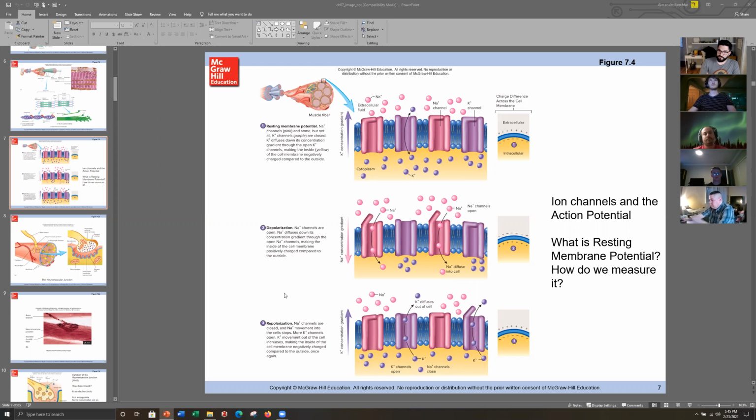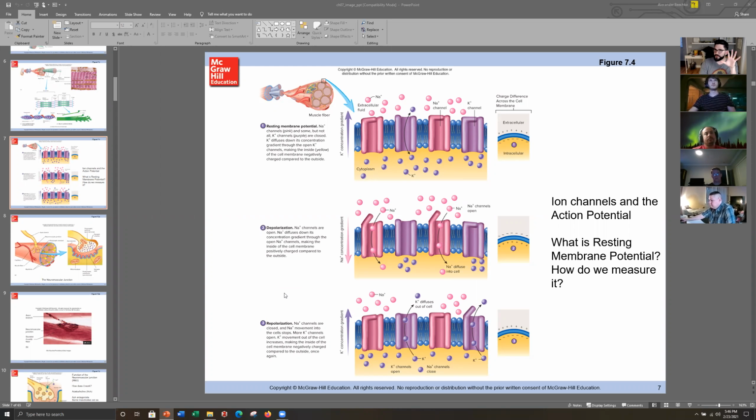It also factors in the electrical gradient, so which side is positive and which side is negative. Together, we call that an electrochemical gradient, which is very similar to our membrane potential or resting membrane potential.